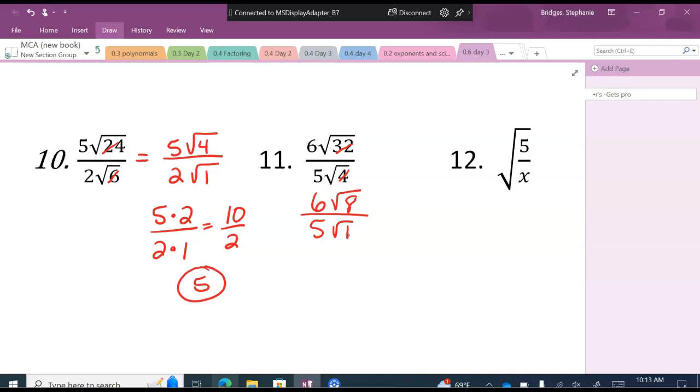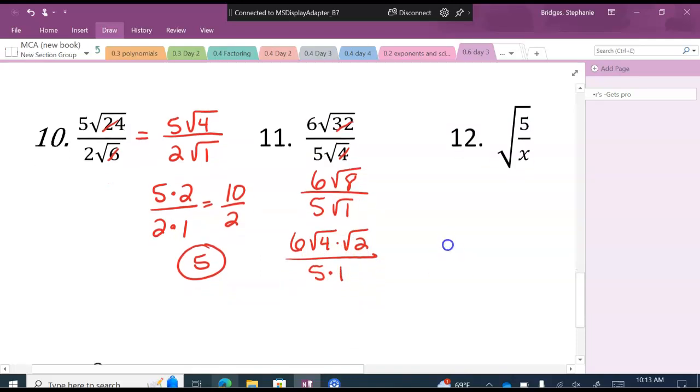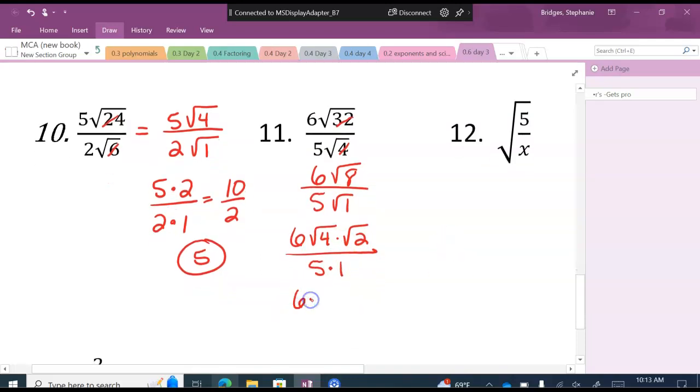No, but does it have a perfect square that divides into it? Yes, so we are going to take that 8 and split it into the square root of 4 times the square root of 2. At the bottom, what is the square root of 1? Okay. So then we have 6 times the square root of 4, which is 2, times the square root of 2 over 5, and that's going to give me 12 square roots of 2 over 5.